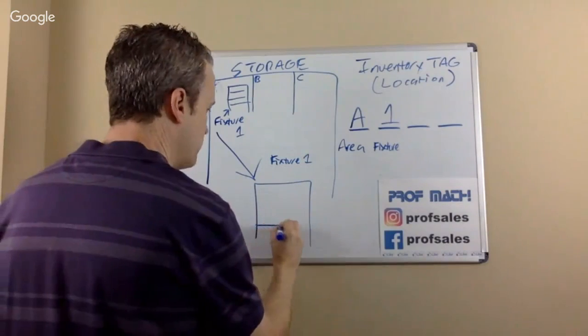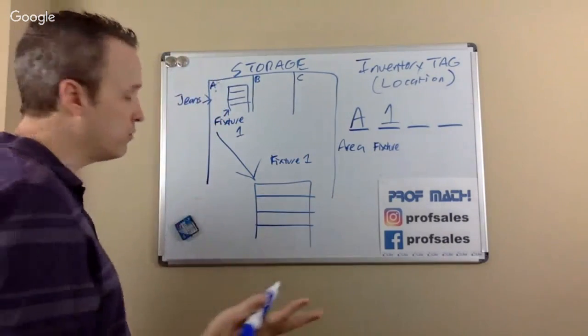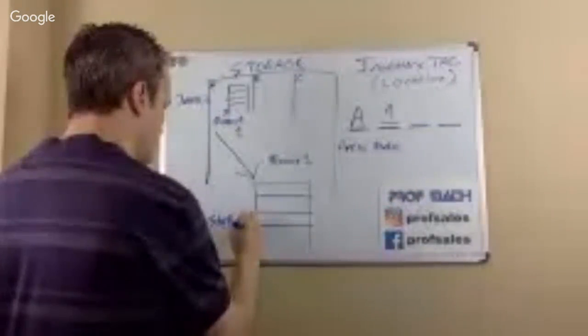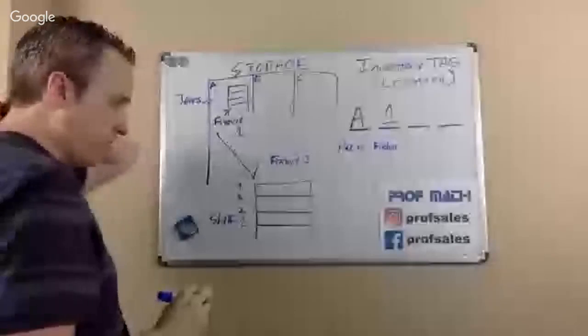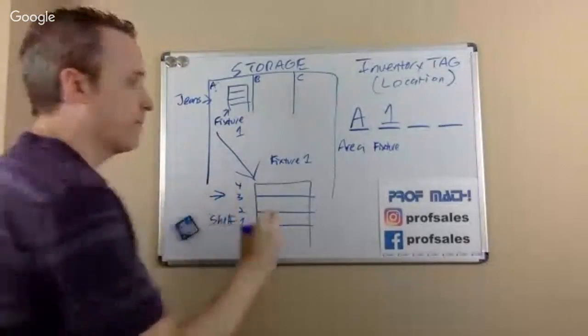All right, and on this fixture, we have, we'll say shelves. We'll say it's a shelving unit. So we're going to say shelf 1, shelf 2, shelf 3, and shelf 4. So let's say our item, we're going to put it here on shelf 3.